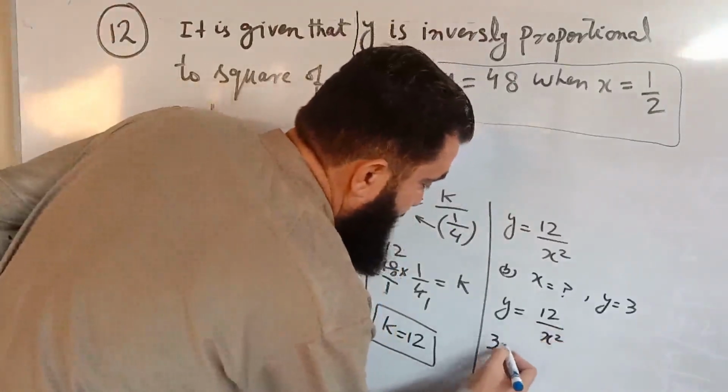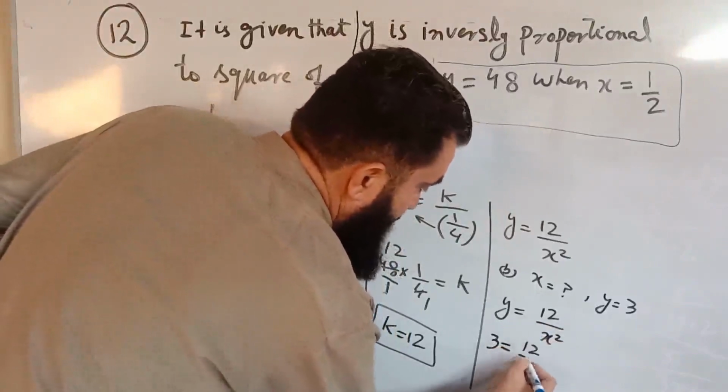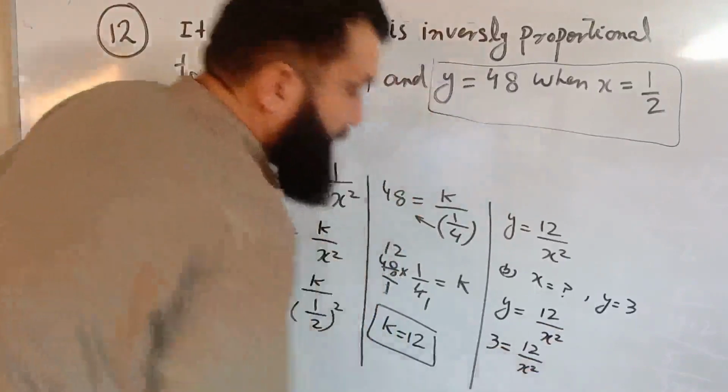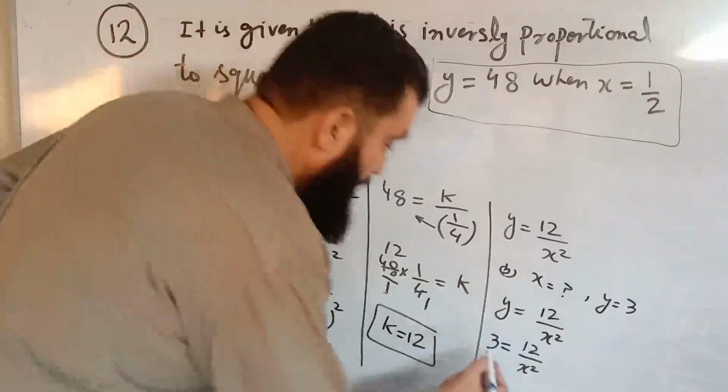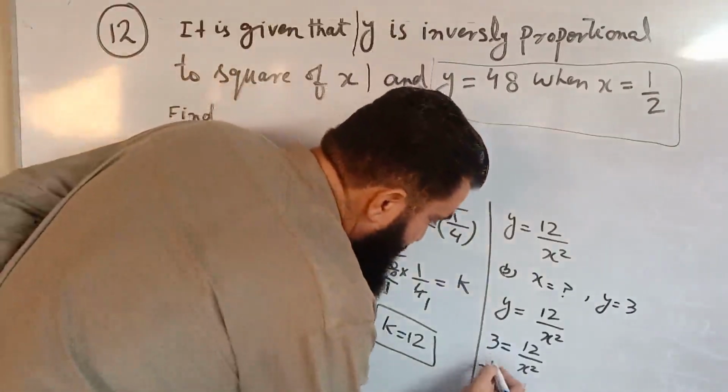y is equal to 3 will become 3 is equal to 12 over x square. Understand? Therefore, this can be written as, now this is 3 over 1.